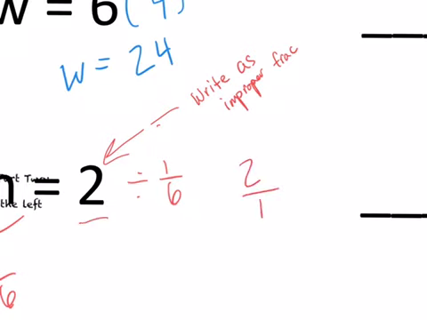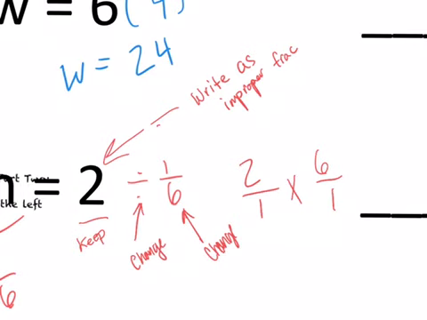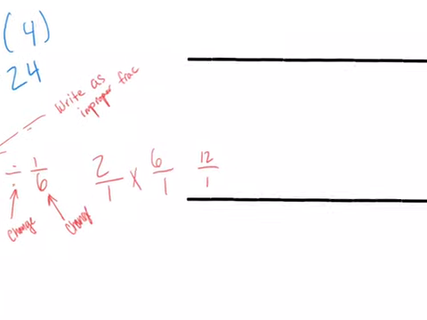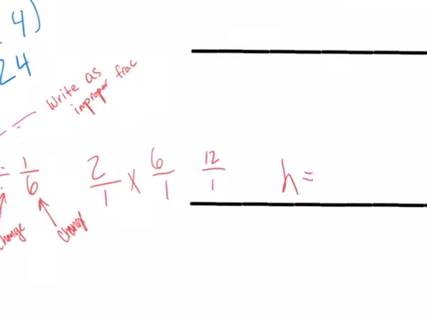Now I keep, change. So I change my division sign to a multiplication sign, and I change 1/6 to the reciprocal, which is 6 over 1. So 2 times 6 is 12. 1 times 1 is 1. H equals 12.